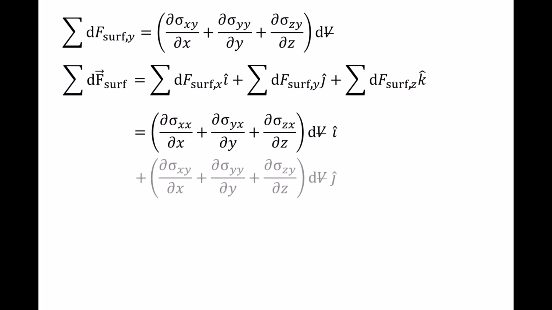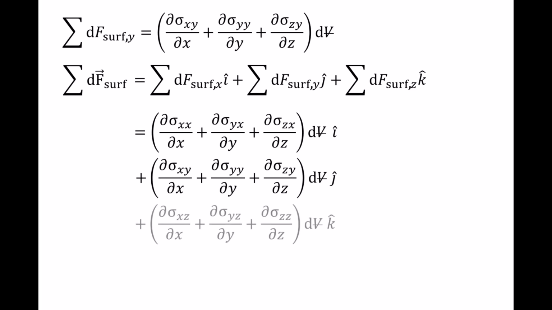We've already found the sum of all surface forces in the y direction, and we would find that the sum of all surface forces in the z direction is partial sigma xz partial x plus partial sigma yz partial y plus partial sigma zz partial z times the volume dV. Notice that we've added the unit vectors i hat, j hat, k hat to indicate the direction of each force component.